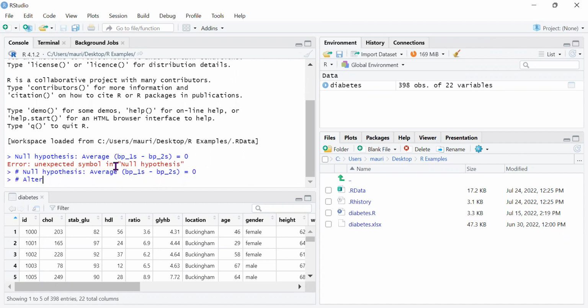And our alternate hypothesis is that the average difference is not equal to 0.